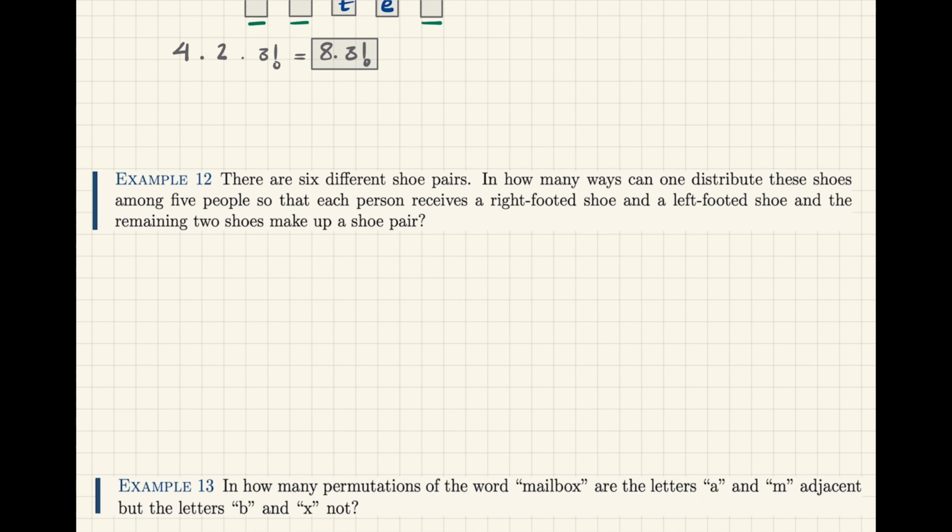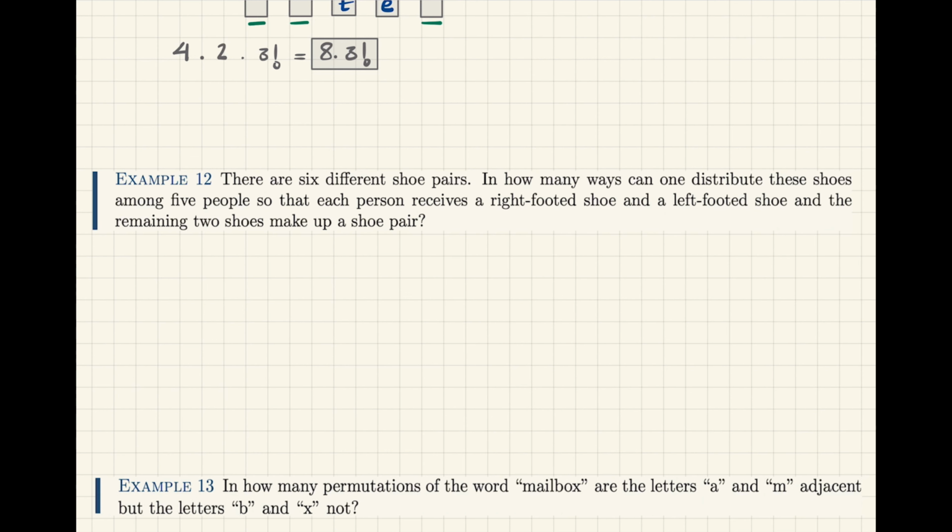So, for example, let me write something like this. I have 6 different shoe pairs, so I would write it as left 1, right 1, assuming that this is a pair of shoes. I think it would be better if I denote them with a capital letter and a small letter.